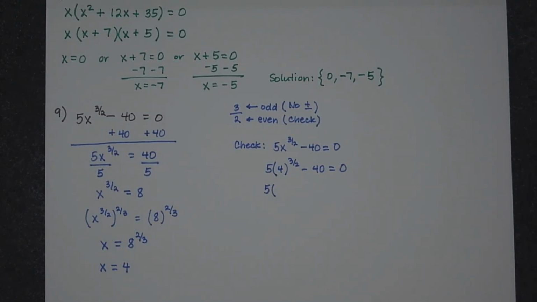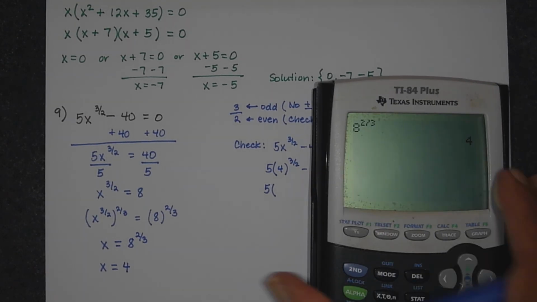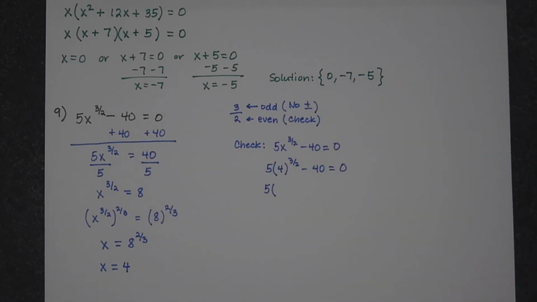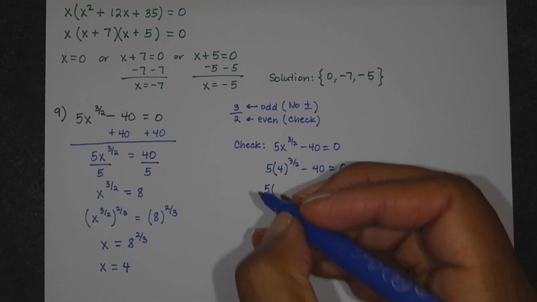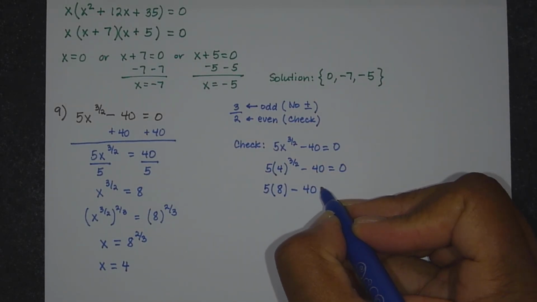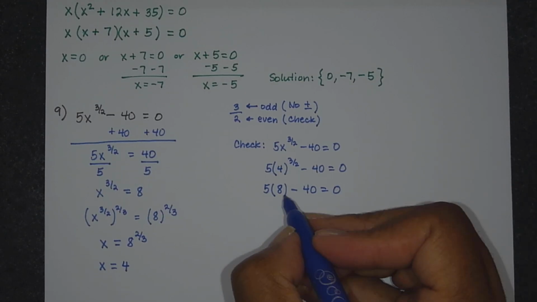Now, order of operations says we must do the exponent first. So 4 to the 3/2 can be done in the calculator by pressing the number 4 key and then the hat key for the exponent of 3/2. That's 3 divided by 2. You'll get 8. So it'll be 5 times 8 minus 40 is equal to 0.